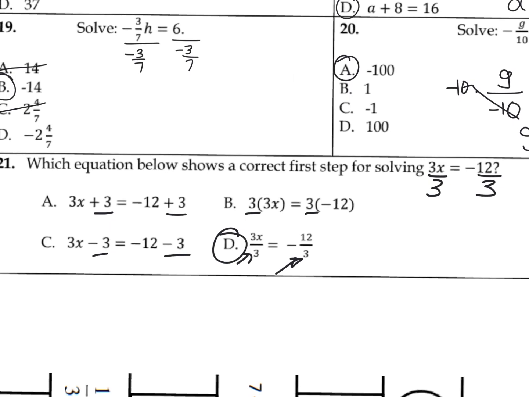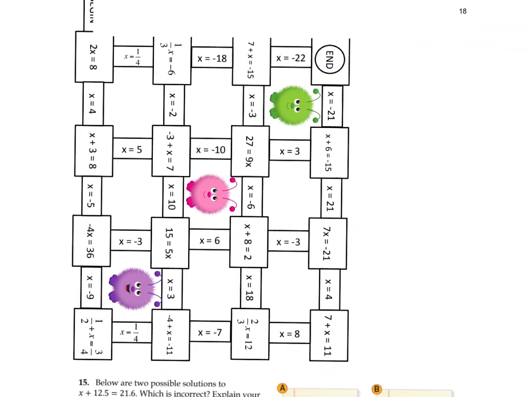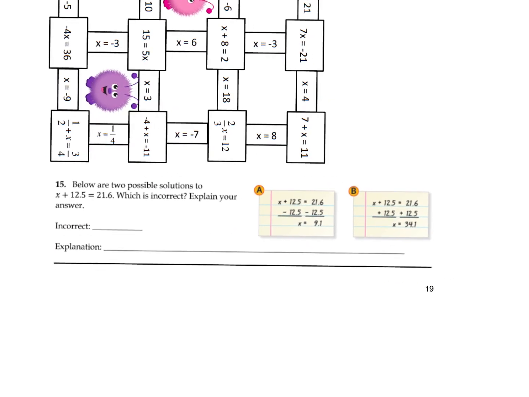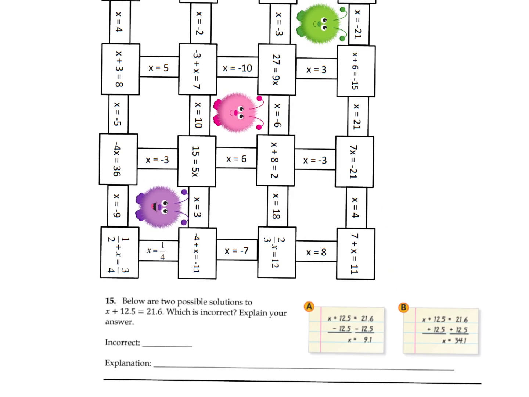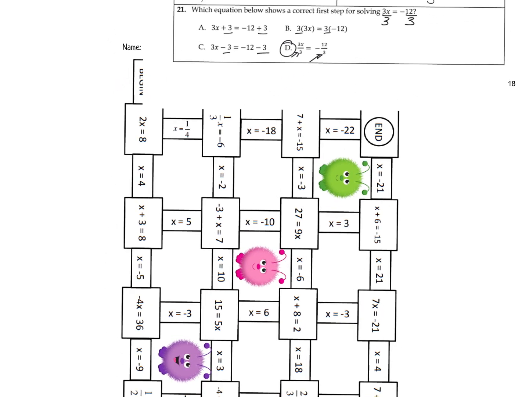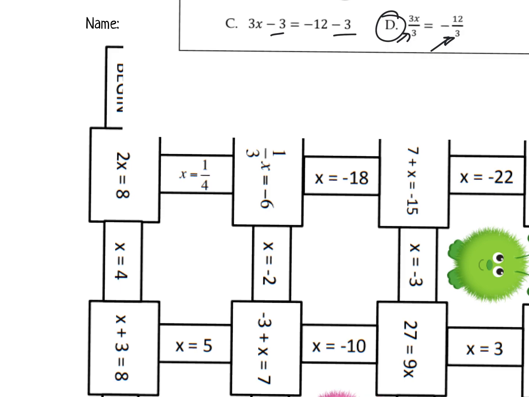And on the next page, there is some more practice for you to work on. So you've got a maze here, and then you've got one more question of which choice A or B is solved incorrectly, which one's wrong, and to explain your answer. For the maze, you start here where it says begin.